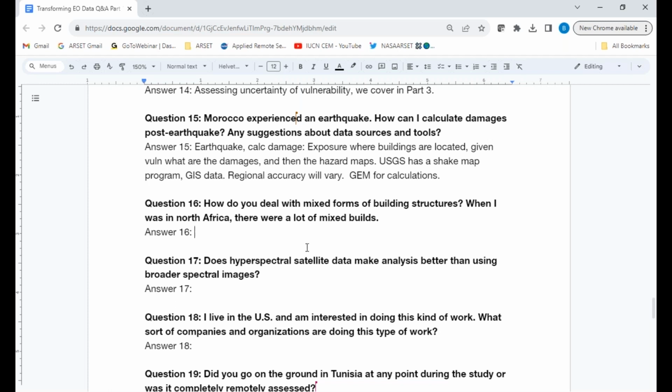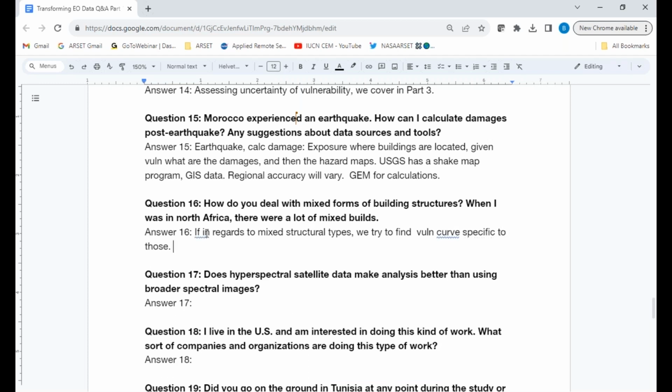I think I'll take a shot at that. Mixed buildings, I'm not sure what they mean here, but if they're talking in regards to mixed structural types, we typically try to find a vulnerability curve that's specific to that. For example, if it's mixed reinforced concrete with a URM infill, we'll have a fragility curve specifically for that.